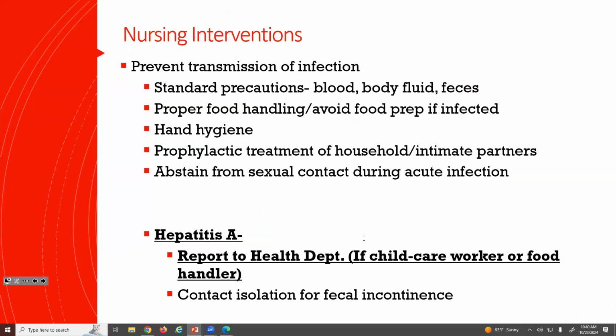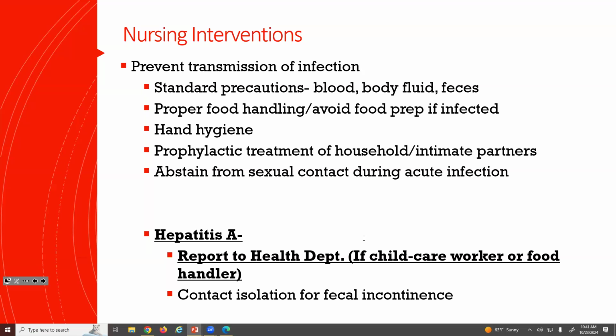Okay. Nursing intervention. So we're going to prevent transmission of the infection. Standard precautions is a big way we're going to do this. I talked about that, right? Proper food handling for your hepatitis A and E, but we talk about A a little more often, right? Hand hygiene is super important. Okay.